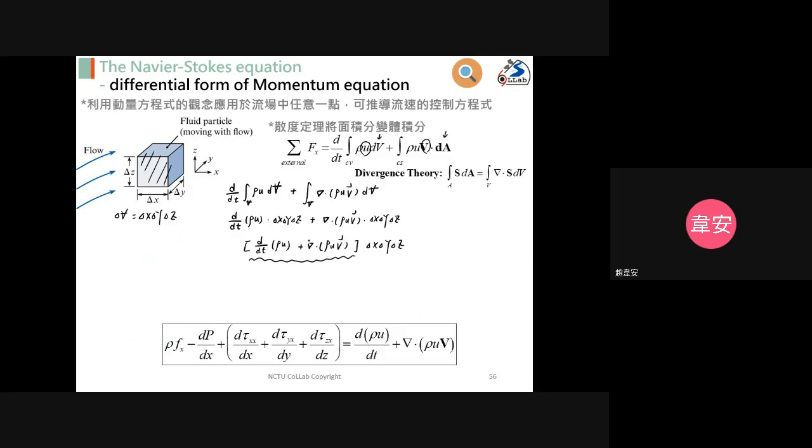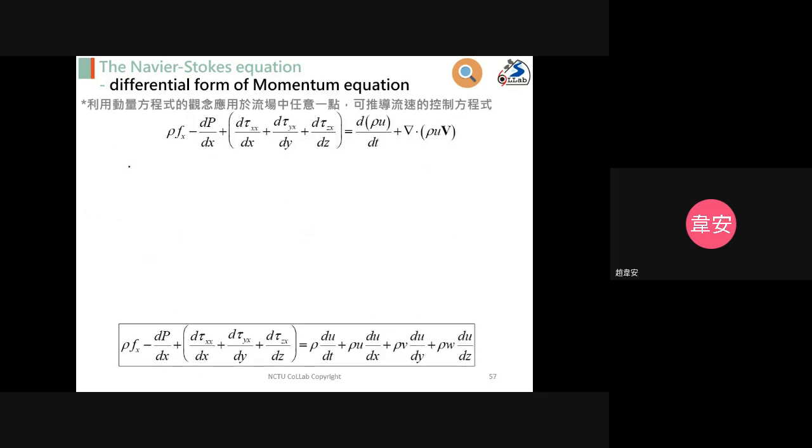So how to solve this problem? We need more space. We know that we have the rho u over t plus the divergence of rho u V vectors.